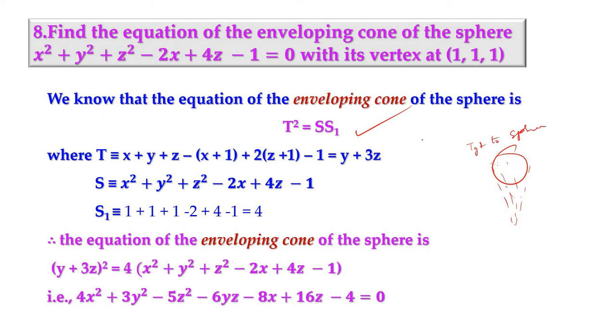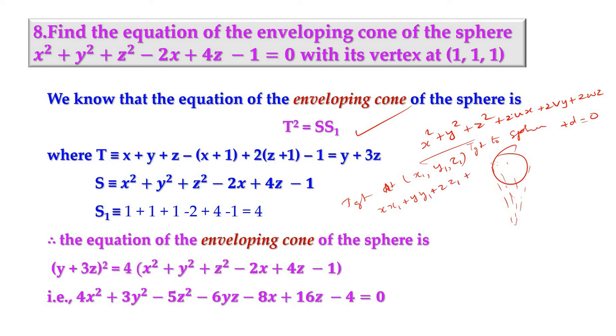So if we have x square plus y square plus z square plus 2ux plus 2vy plus 2wz plus d equal to 0 to be the given equation of the sphere, the tangent at x1 y1 z1 is given by xx1 plus yy1 plus zz1 plus u into x plus x1 plus v into y plus y1 plus w into z plus z1 equal to 0.